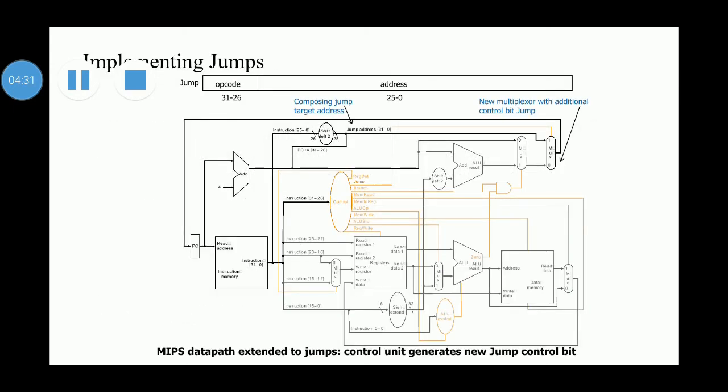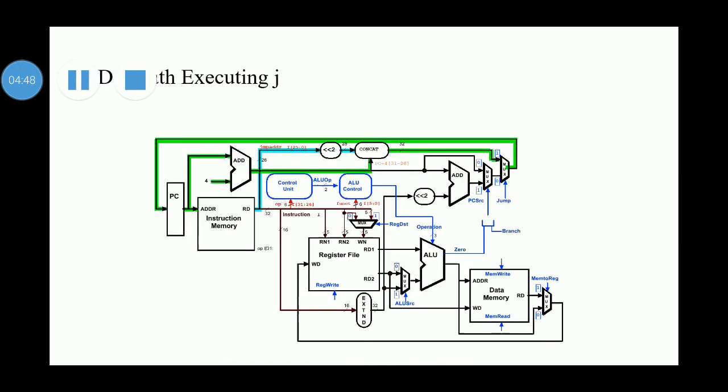So this is how we implement the jump here. Here we need to compose the jump target address, and we have added a new multiplexer with an additional control bit, jump. This data path executes the jump J. That's all for now. Thank you.